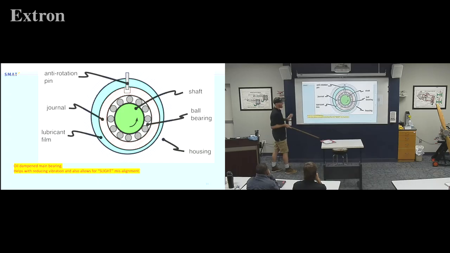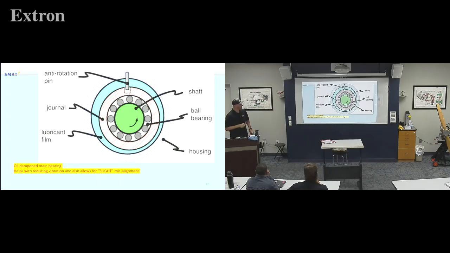So if our shaft is out of alignment, in this case, our shaft is slightly down to this right quadrant, that oil dampened bearing will allow it to basically slide into its alignment position. So the oil's kind of holding it in place, but part of the dampening is as you get vibrations on here, if it wants to move around a little bit, the oil will keep it so that you don't have metal on metal going bang, bang, bang, and we're not stressing everything.